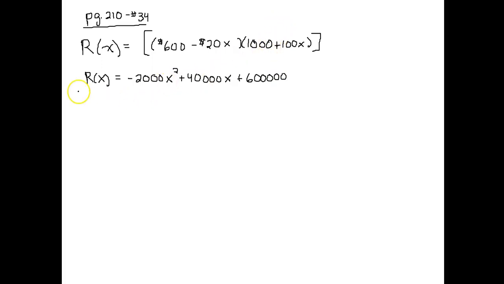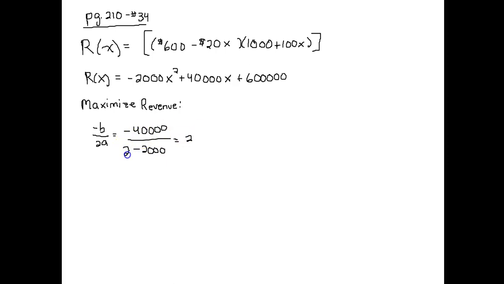If you want to talk about maximizing revenue, you got to look at the vertex again. Negative b over 2a will help me to see what the x value is of the vertex. So negative 40,000 over negative 2,000, which will give me 20. Oh, I'm sorry, 2a, 2 times. Sorry about that.